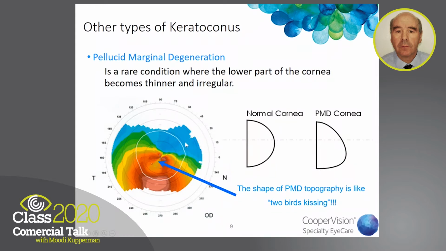When you go to measure this case or to suspect it without a topography, normally it is plus power on a minus high cylinder, but in 90 degrees. When you have a case like this and the K reading shows the astigmatism, suspect, take the topography, and you will see.